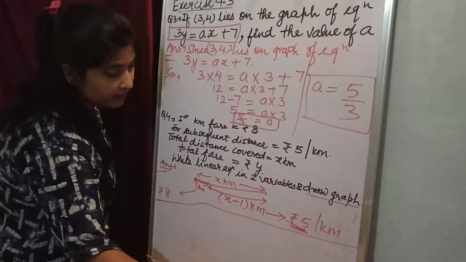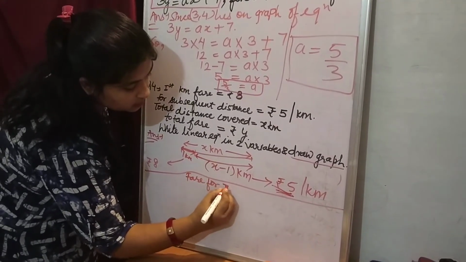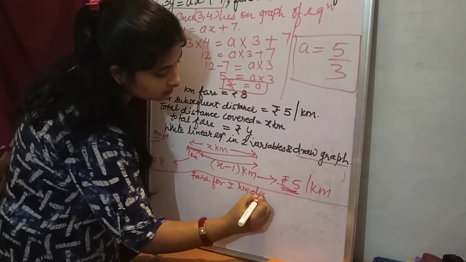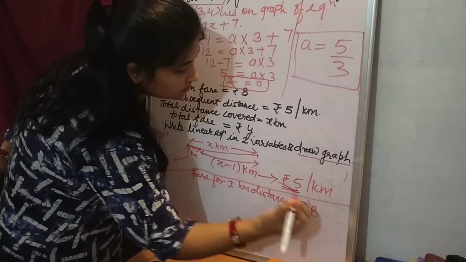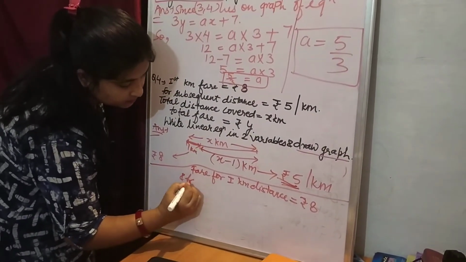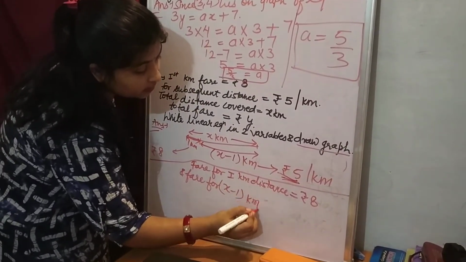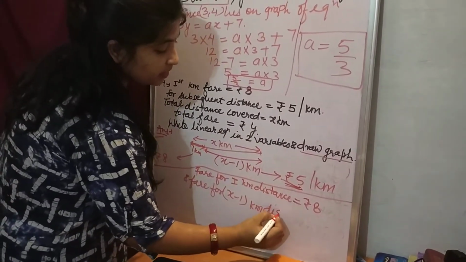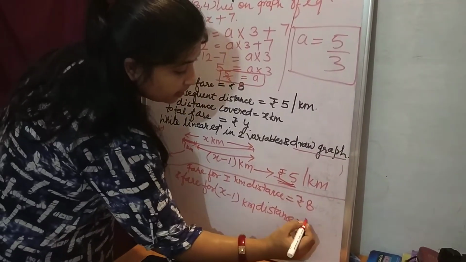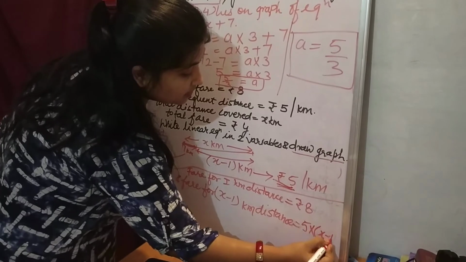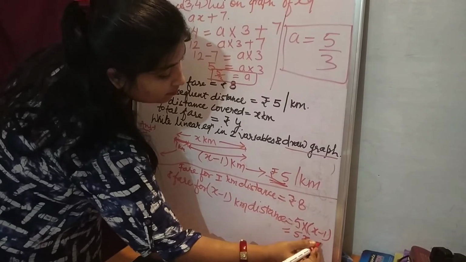Now how will we write this in language? Fare for first kilometer distance is equal to 8 rupees, and fare for x minus 1 kilometer distance will be 5 into within bracket x minus 1, which is equal to 5x minus 5 into 1, 5.